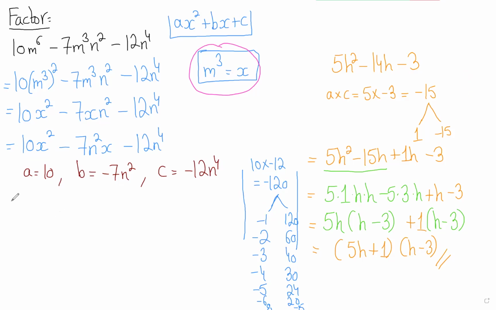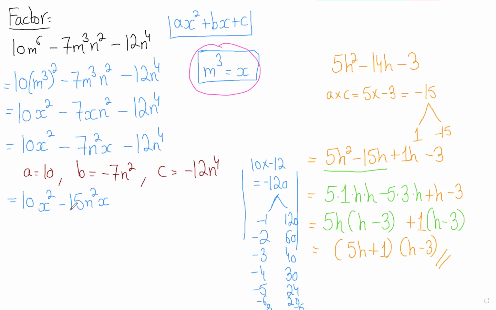Let's go ahead and rewrite our b value here using our newfound factors. So we have 10x squared, negative 15 n squared, and be careful because you want to make sure that whatever variables we have beside the b value, in this case n squared x, are included. Technically we're not treating n squared as a variable here, we're treating it as a constant, but nevertheless.